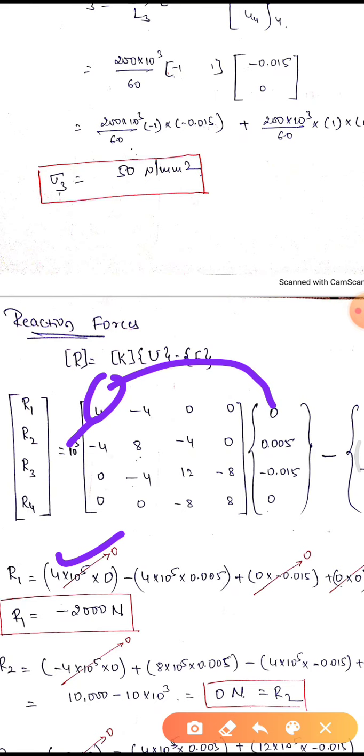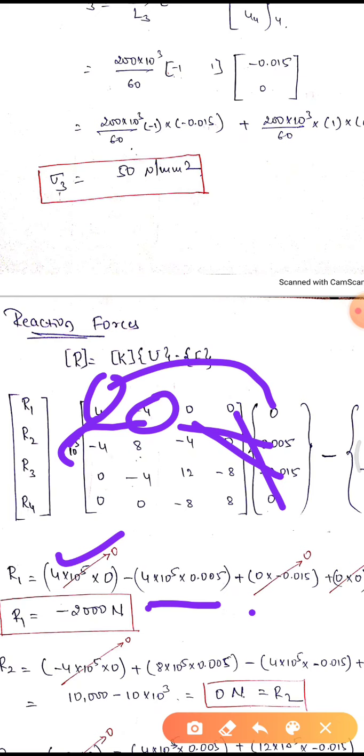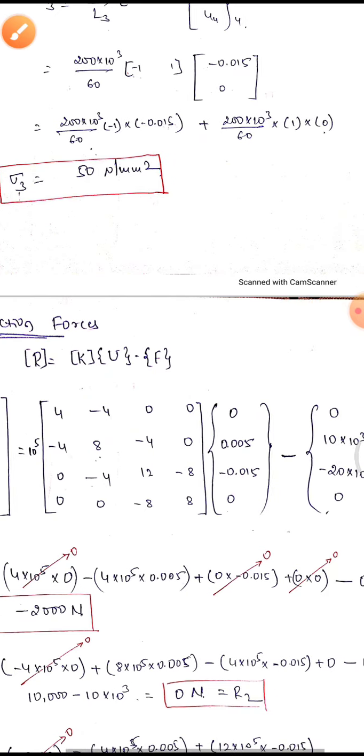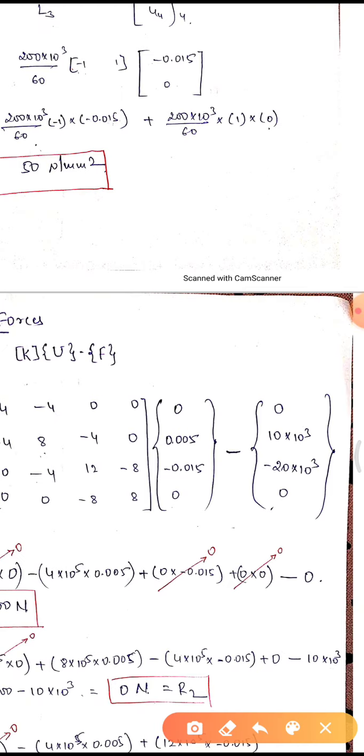Next, minus 4 into 10 raised to 5 into 0.05. Next we have 0, and anything multiplied with 0 is 0, so this is 0, which is what we have written here. Next, minus this one.